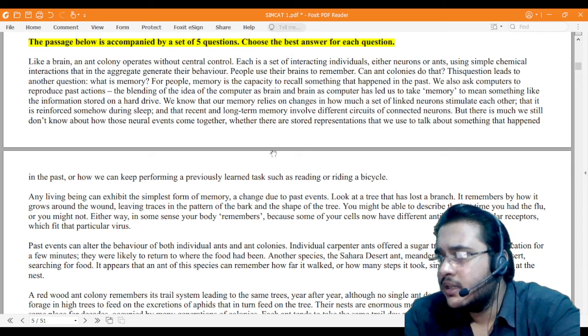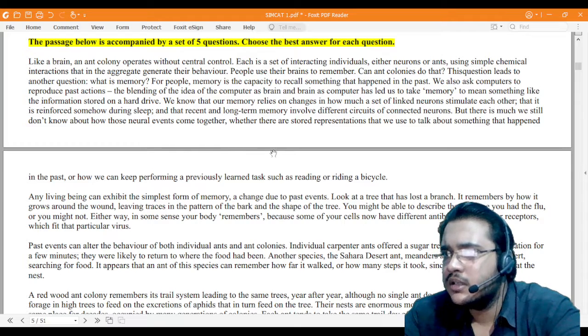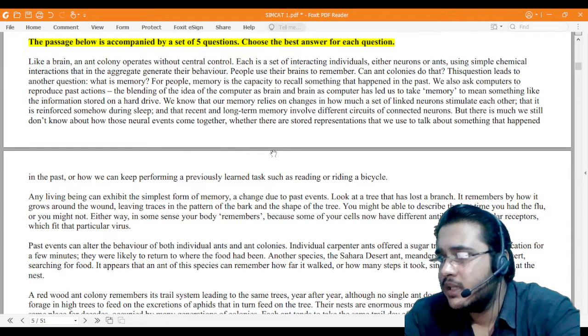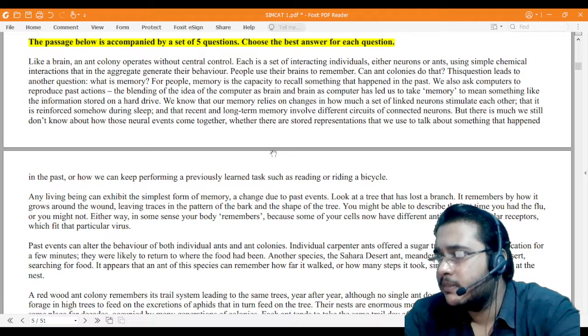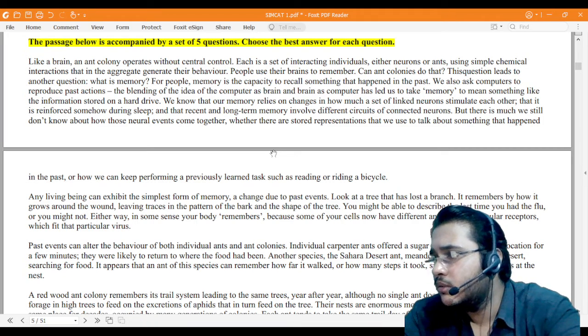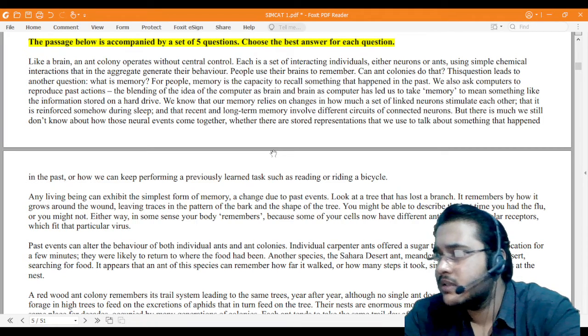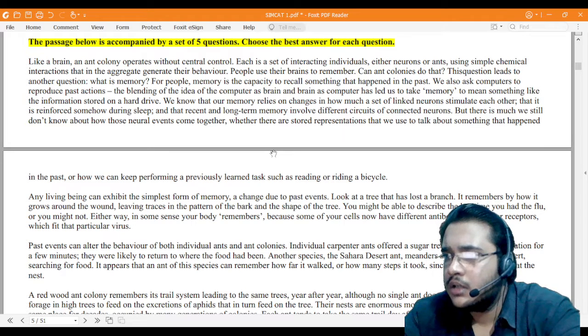People use their brains to remember. Can ant colonies do that? This question leads to another question: what is memory? For people, memory is the capacity to recall something that happened in the past. We also talk about computers that reproduce past action. The blending of the idea of the computer as a brain and brain as computer has led us to take memory to mean something like the information stored on a hard drive.